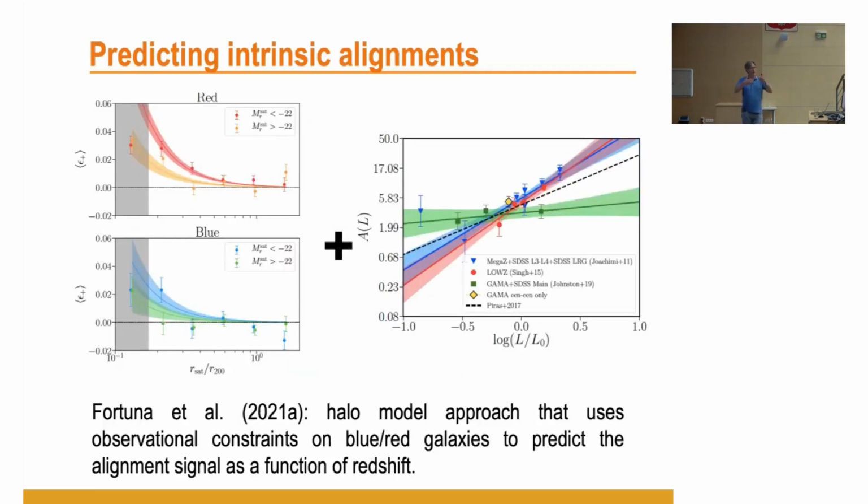But again, we can try to measure it, and this is work done with a PhD student of mine that recently graduated, because we can say, okay, these alignments must come from galaxies that are physically close. And so let's now find in our surveys galaxies that are physically close, say red galaxies.